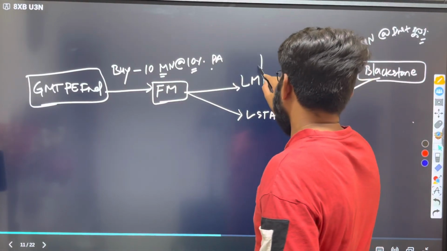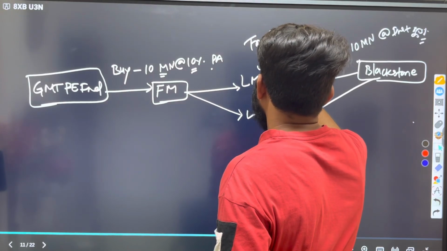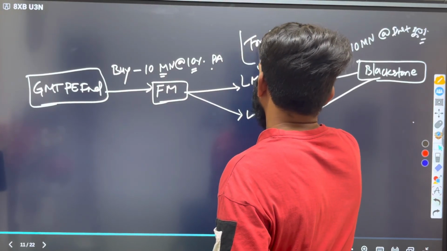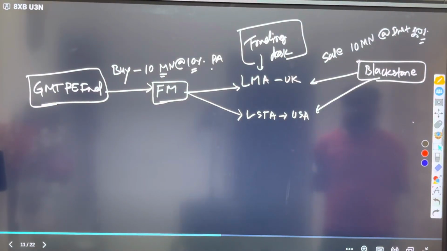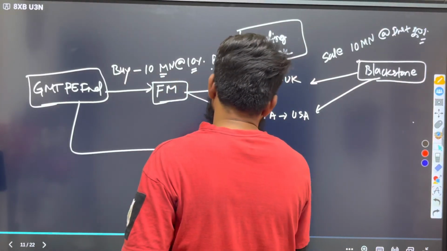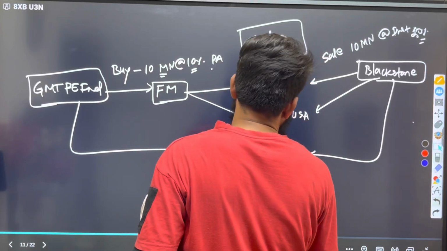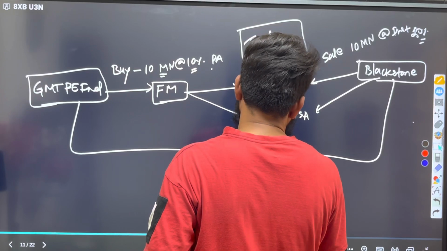And here the trading desk of LSTA and LMA ensures the buyers' and sellers' requirements. If the buyers' and sellers' requirements match, it's an OTC market, okay, but still you would see order details and all.